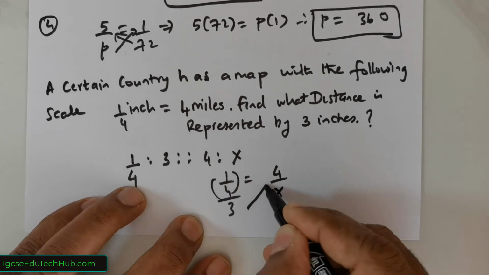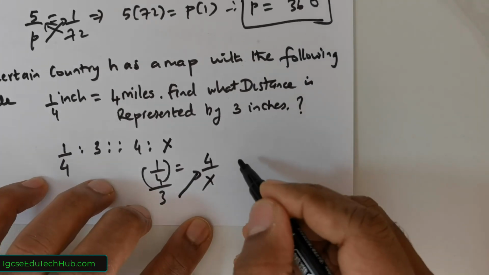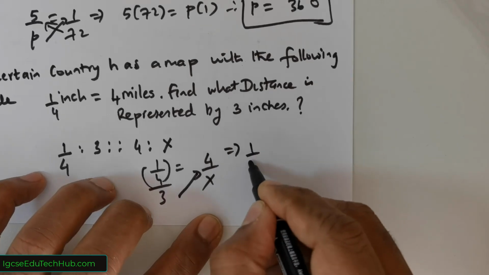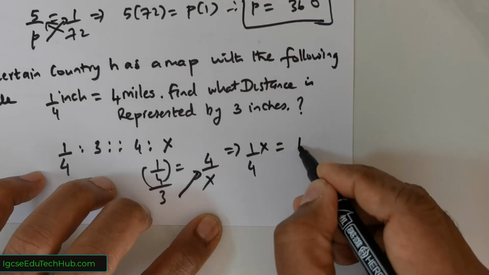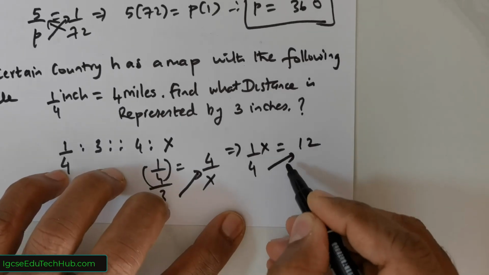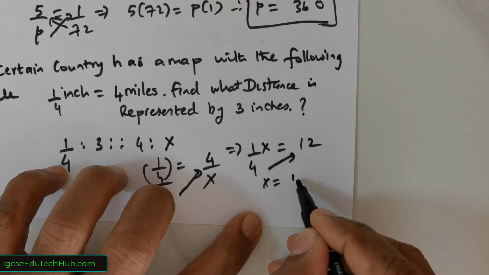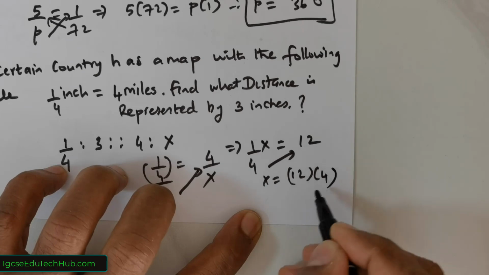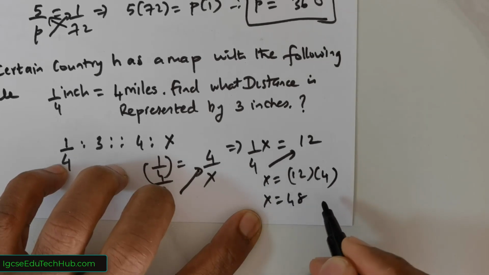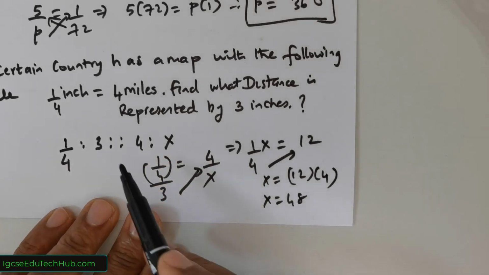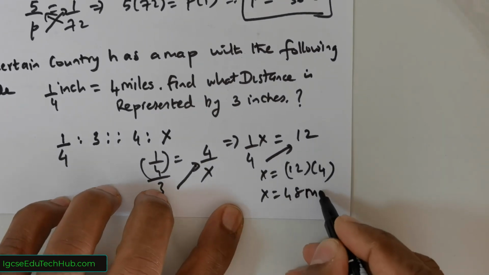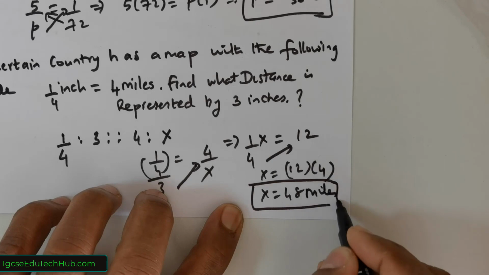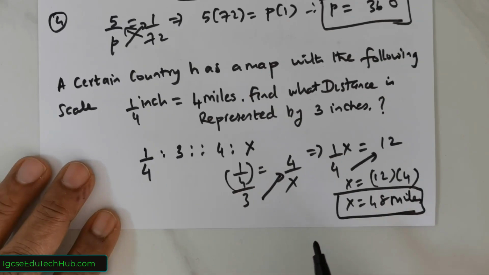If you cross multiply, this can be rewritten as 1/4 times x is equal to 3 4s are 12. You cross multiply again, so x is equal to 12 multiplied with 4, x is equal to 48. So that would mean 3 inches is equivalent to 48 miles. So that is the solution to this question.